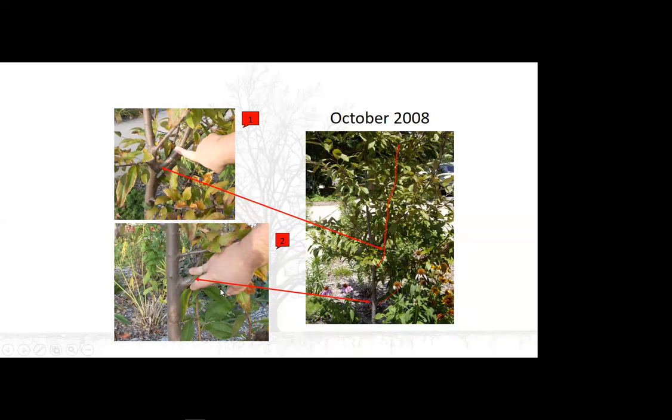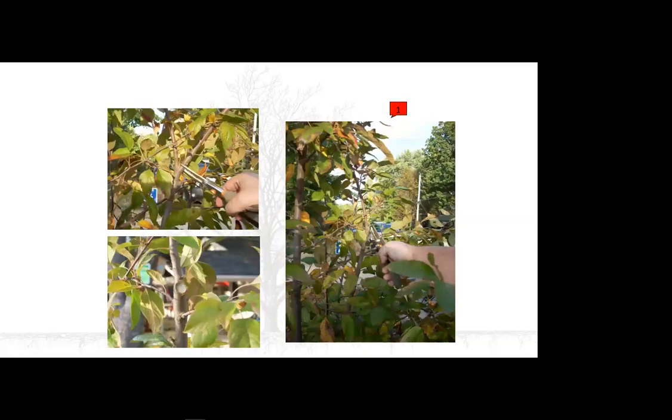So how did I deal with these? Well, let's look at that codominant leader first. Instead of removing it, which I could have done, I found a good lateral branch and did a reduction cut. And notice I was holding my pruners in kind of an overhand grip and they were going straight across the branch.